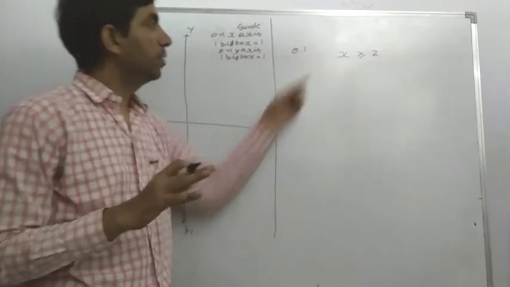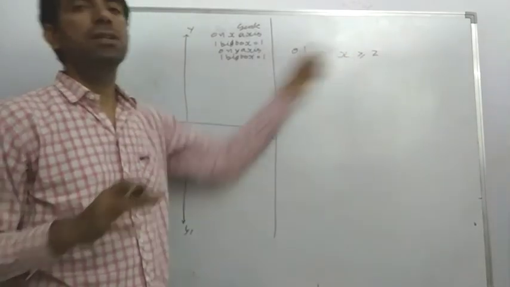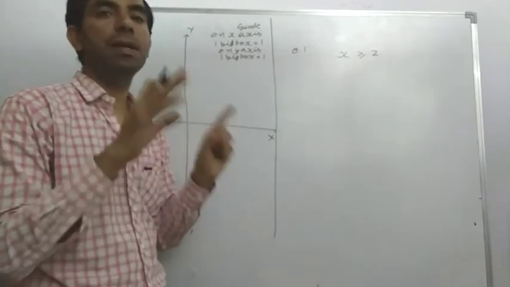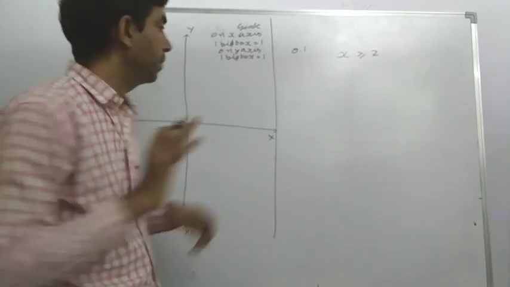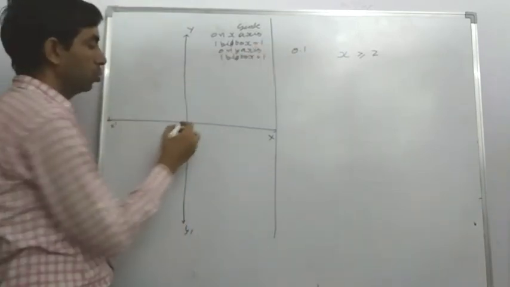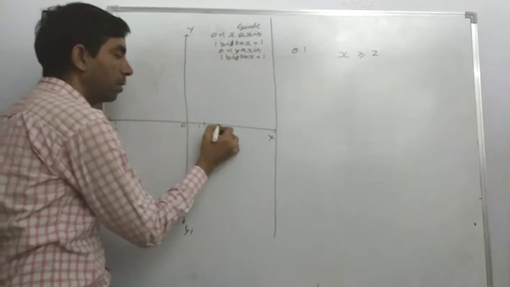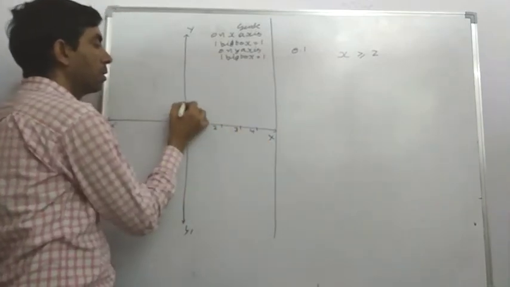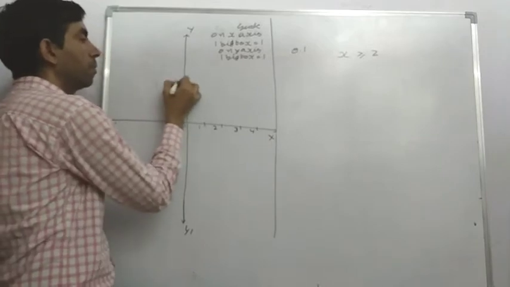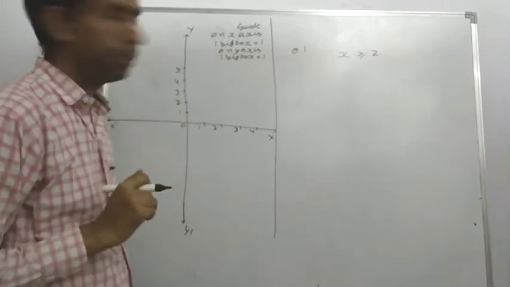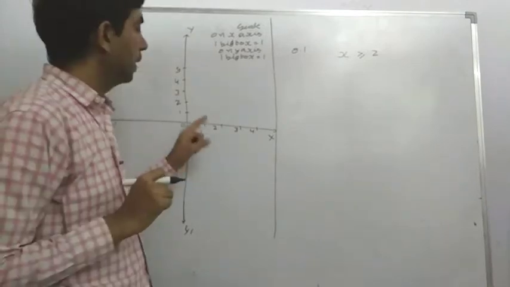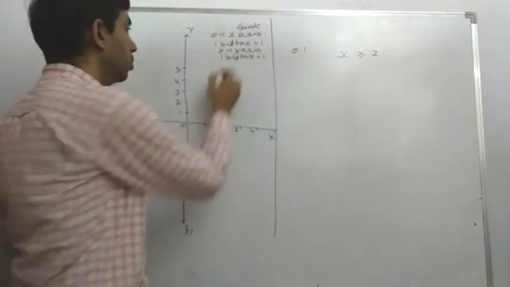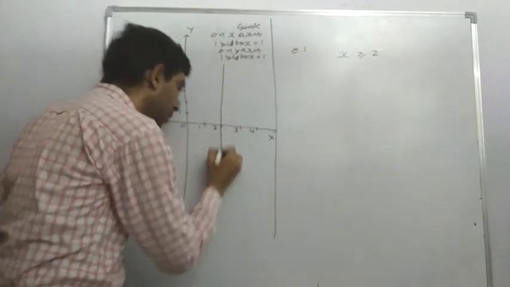Generally for the solution we solve it just like an equal to sign, but after the solution we represent it by graph in the shaded system. So x equal to 2, marking the point 1, 2 here. Here we have the line x equal to 2, that is this.